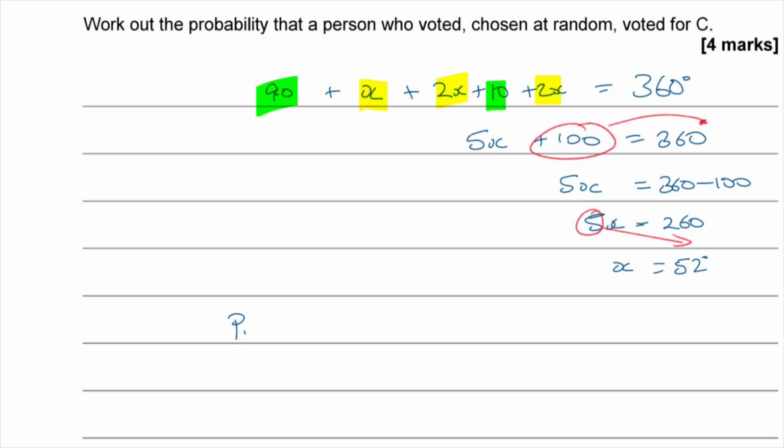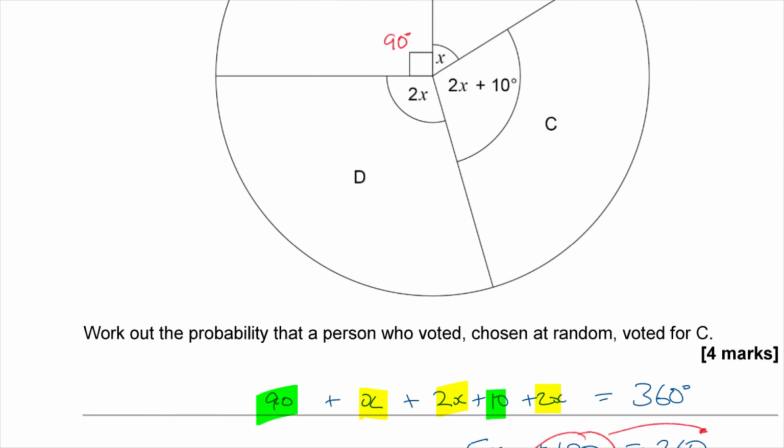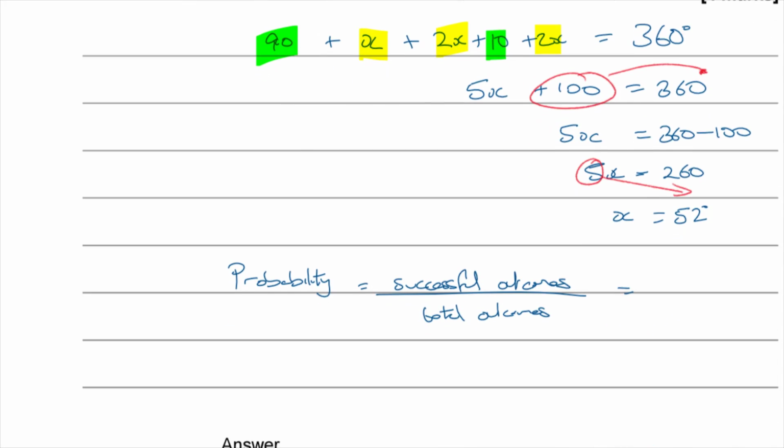So probability, you will remember, is equal to successful outcomes divided by total outcomes. And in this case, successful outcomes is for C, isn't it? 2x plus 10.